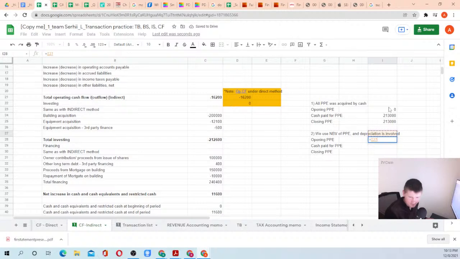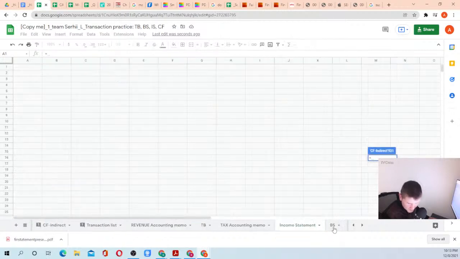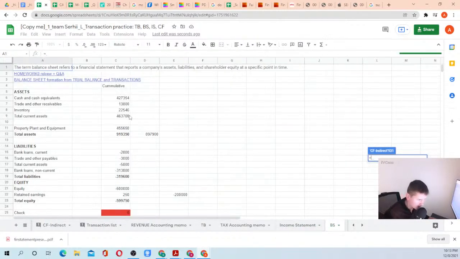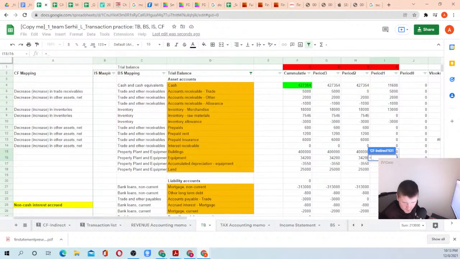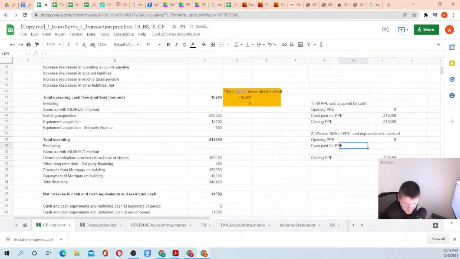So basically our beginning is the same, 0. Our closing will be the number which we take from our balance sheet. Let's see. Oh, my balance sheet is not done. That is very bad. Okay, so I will just add depreciation to that one.